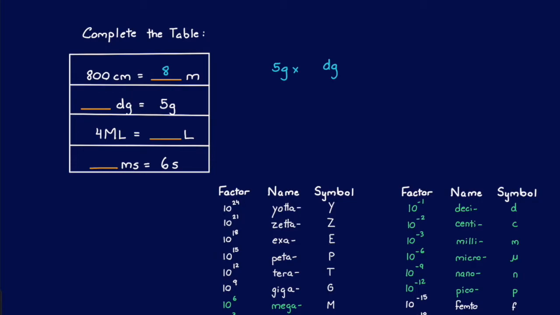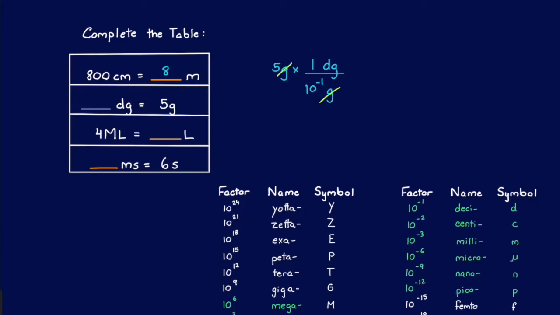Okay, so what do we know? We know that 1 dg, as we can see down here, is 10 to the negative 1 grams. So we use that same conversion, 10 to the negative 1 grams, like so. Now we've successfully done the cancellation yet again.